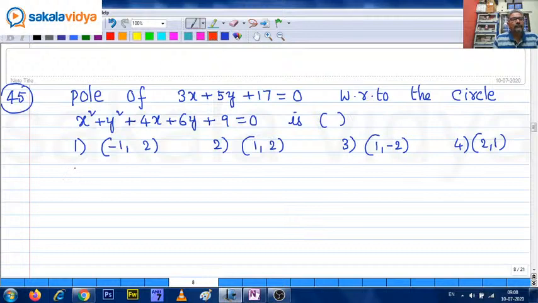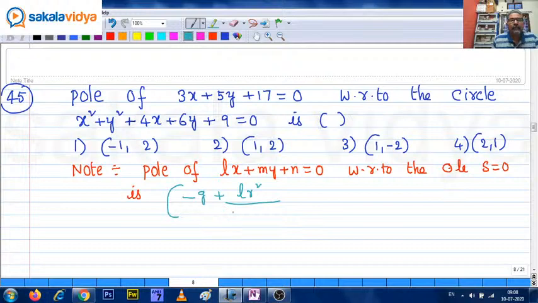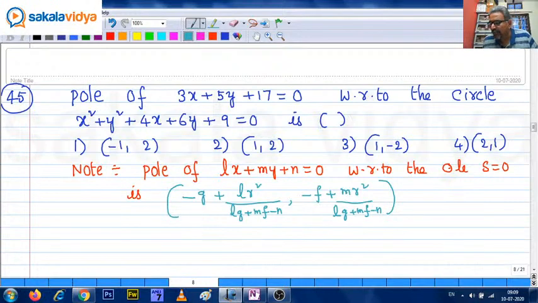Formula, note: the pole of lx + my + n = 0 with respect to the circle S = 0 is (-g + lr²/(lg + mf - n), -f + mr²/(lg + mf - n)). This is the formula to find out the pole. Understood now?